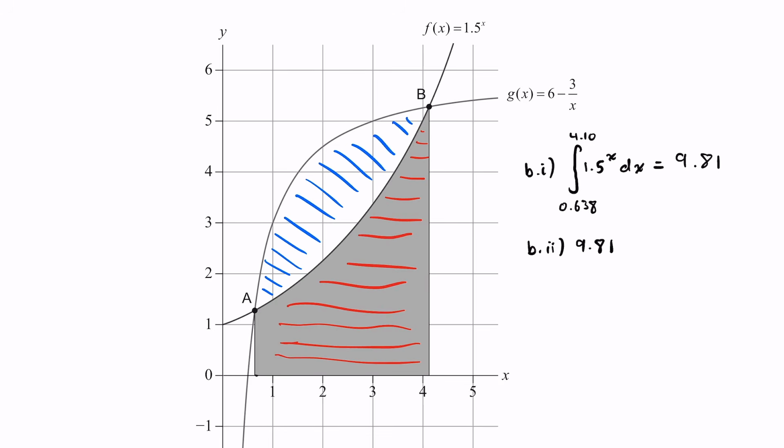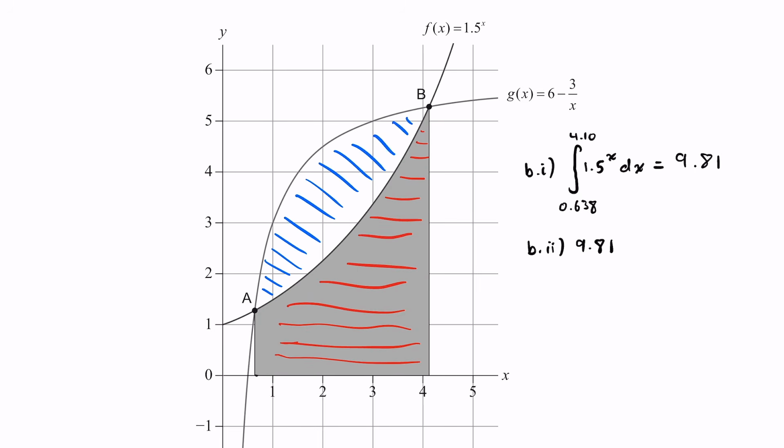If we were to look at this function g of x, which is 6 minus 3 over x, and do that same process to find the area under the curve, we would find the area under this curve from this lower bound up to this higher bound. But that wouldn't just be this enclosed area, because it would also include this. So knowing what this red area is already, if we were to find the area under this curve from point A to point B, and then take away this area, we would be left with just this enclosed area.